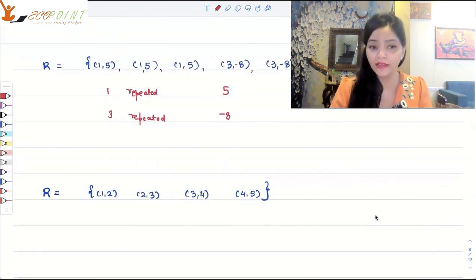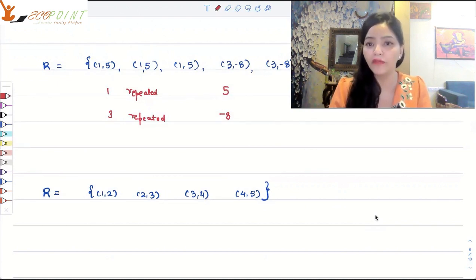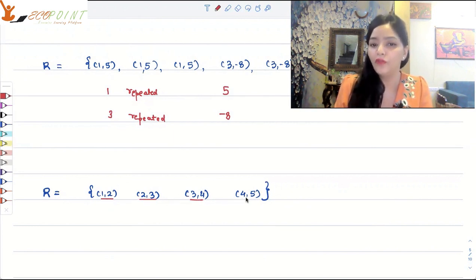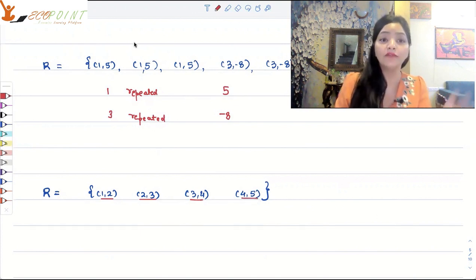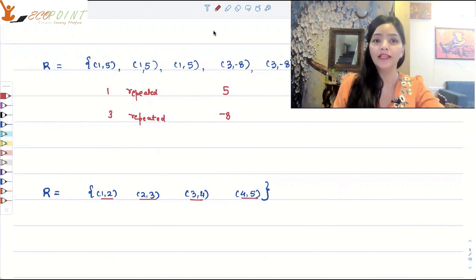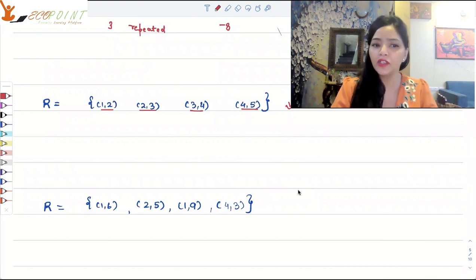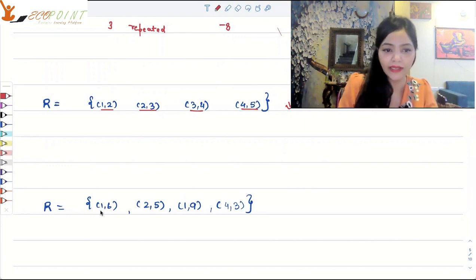The relation set (1,2), (2,3), (3,4), (4,5). What's happening here? 1 is related to 2, 2 is related to 3, 3 is related to 4, 4 is related to 5. So you have different inputs giving you different outputs. Hence, this is also a valid function. If you have the relation set (1,6), (2,5), (1,9), (4,3), well, I have a repeated X. 1 is getting repeated.